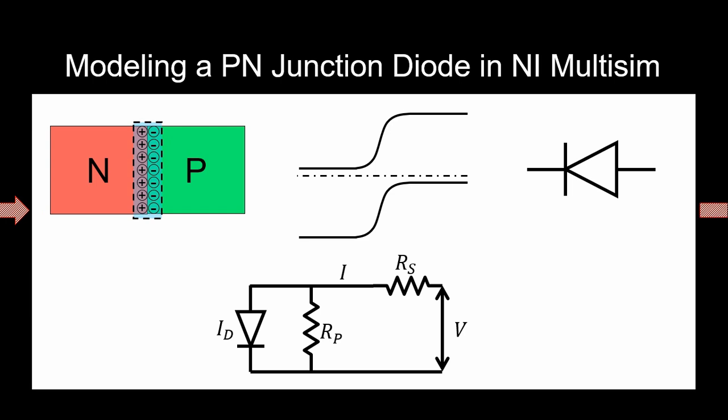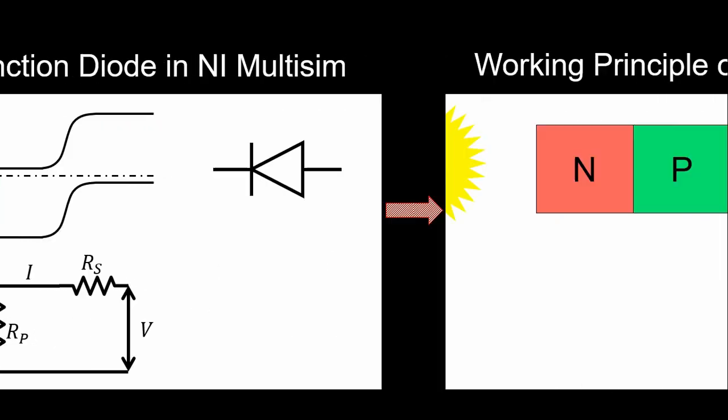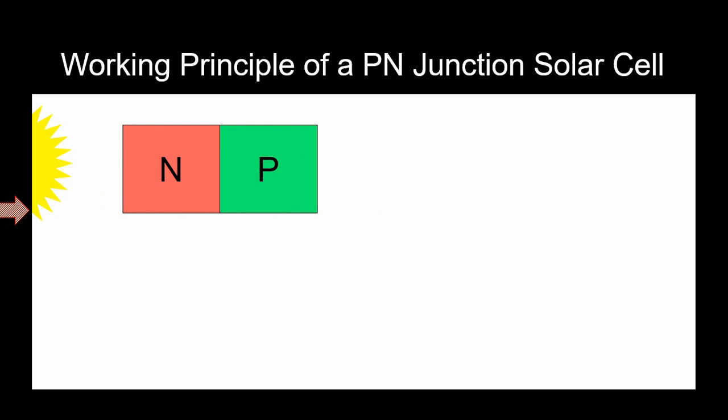Then, in most of the cases, a solar cell is nothing but a PN junction diode. And here I am going to consider a similar structure, where I have a PN junction diode which is acting as a solar cell, and in that case the PN junction diode is illuminated by solar radiation.